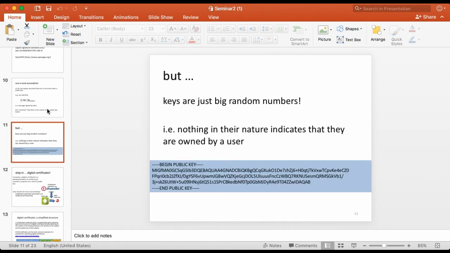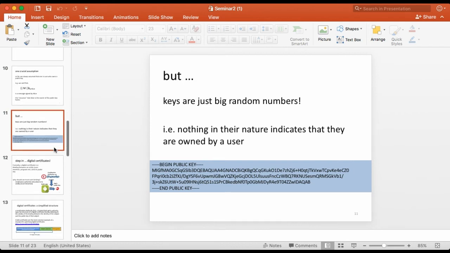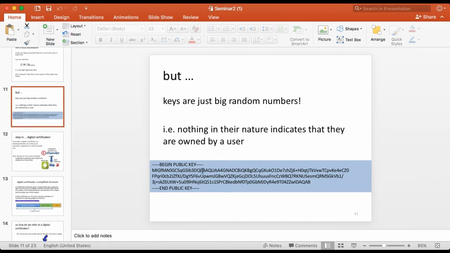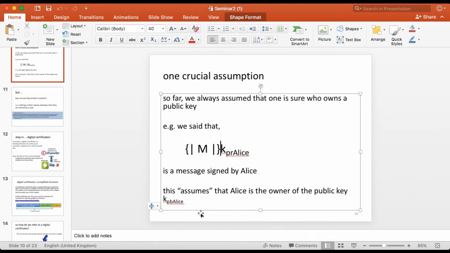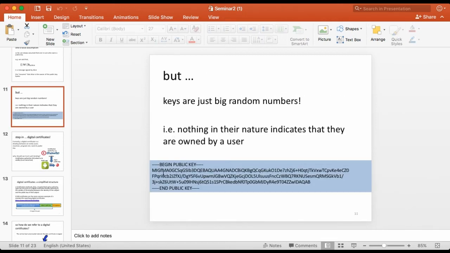Okay, and this is actually even more important when you consider the nature of numbers or keys, sorry, that they are essentially just numbers. So if I give you a key, even if in my notation I'm specifying that this is the public key for Alice, in reality Alice's public key could just look like something like this.